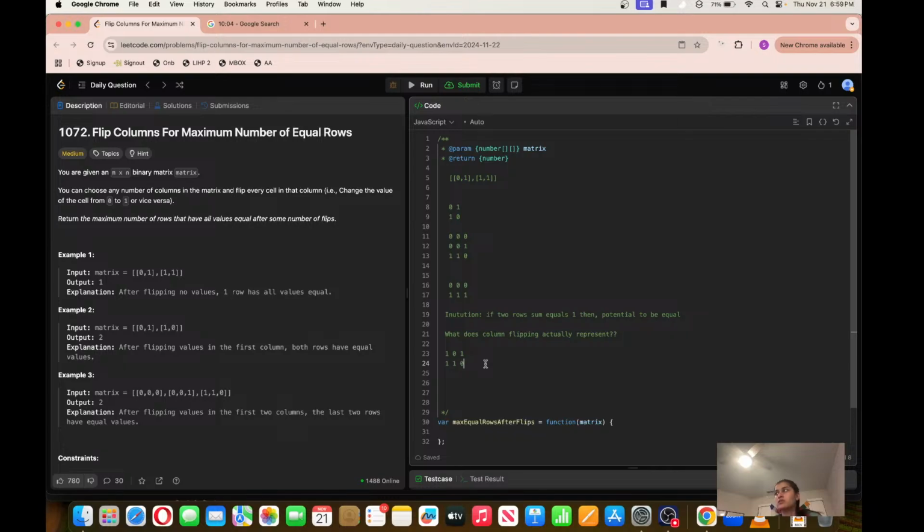Am I thinking too much here? Is this question easy and I'm making it complex or what? So what I'm thinking is, if a column can be flipped, 1 0 1 and 1 1 0.